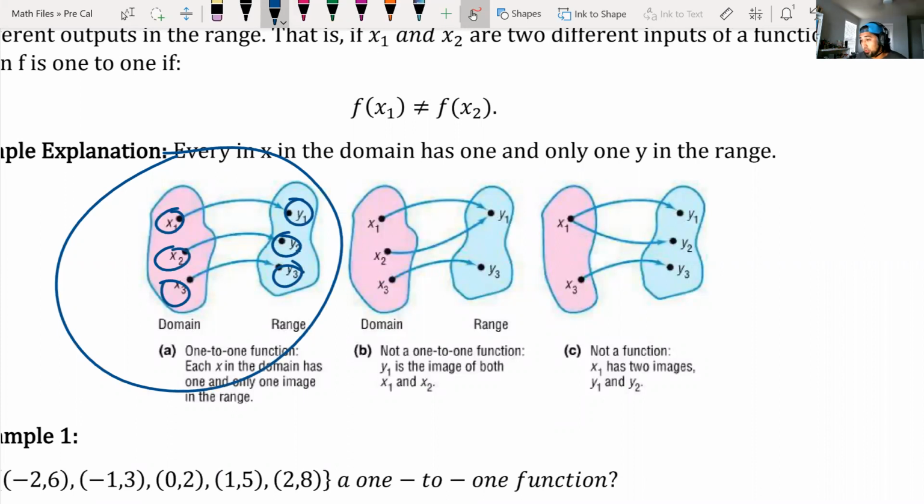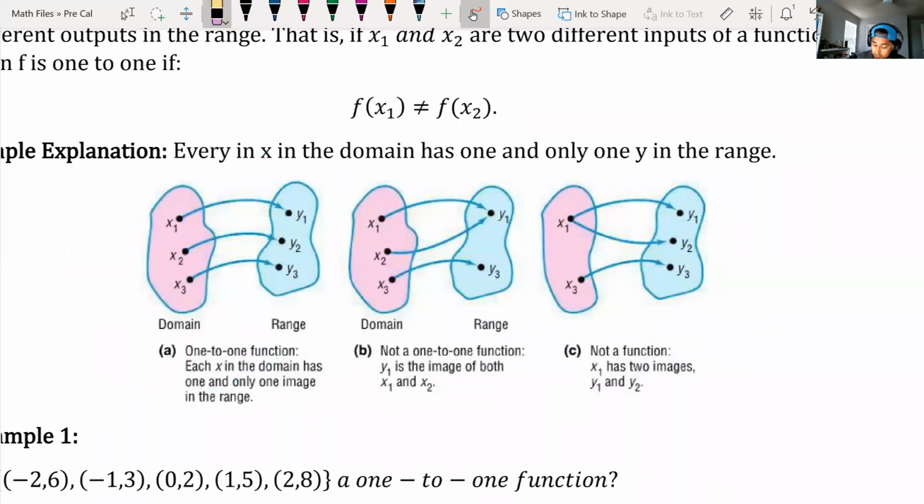Now, the second picture is not a one-to-one function, but it is a function. So x1 goes to y1, x2 goes to y1, and x3 goes to y3. It is okay if multiple x values share the same y value. That's a function, but it's not a one-to-one function.